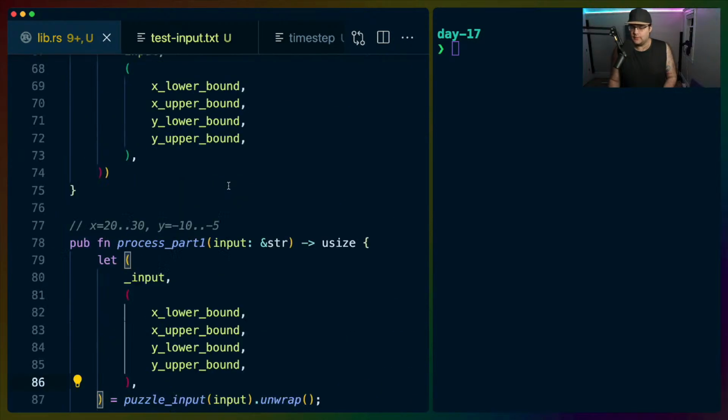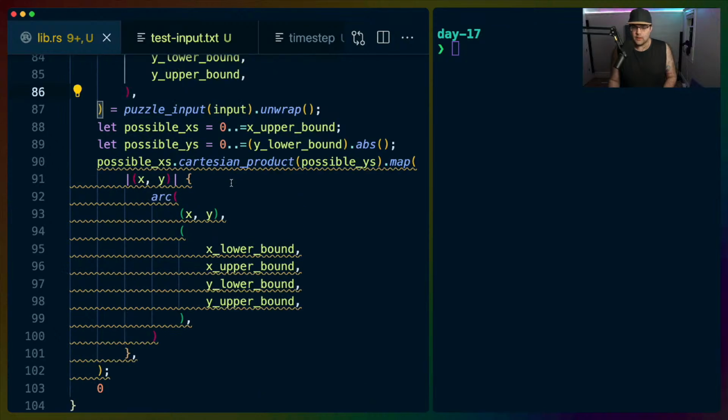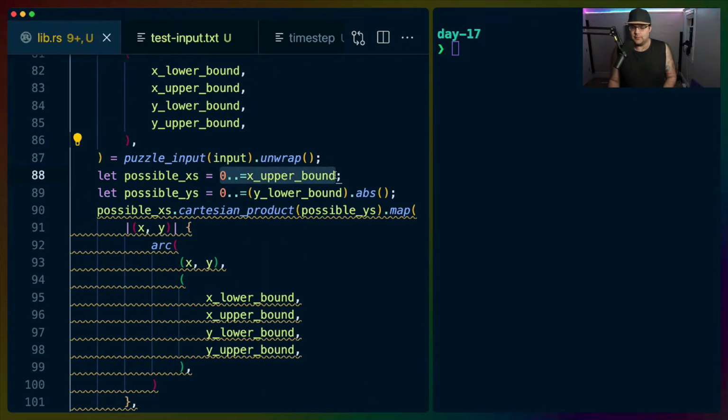So, brief overview. We have a range here from 0 to upper bound and a range here from 0 to lower bound, which means that we have two ranges and we need to get all of the points on the graph which have an X value from the possible X's and a Y value from the possible Y's. To do that, we could use nested for loops or something like that, but instead I've chosen to bring in this Cartesian product function because it removes the possibility that I'm doing something wrong in the nested for loops.